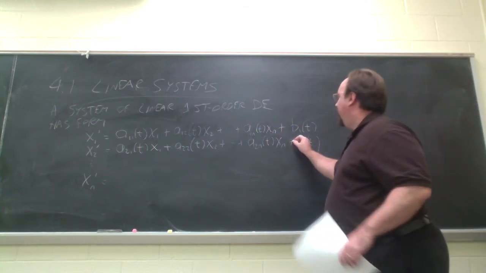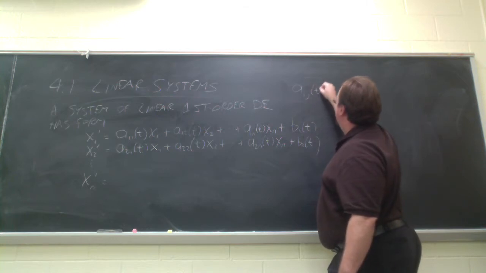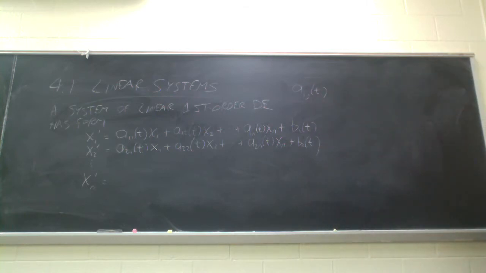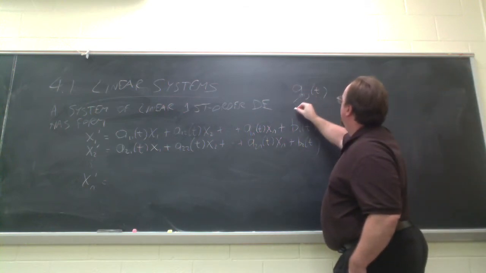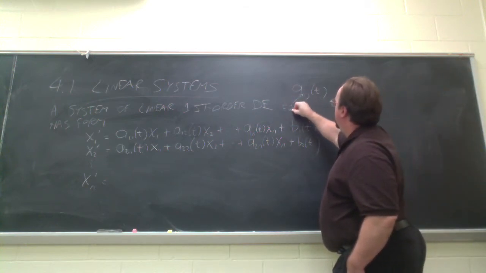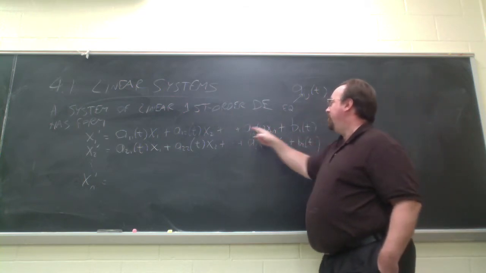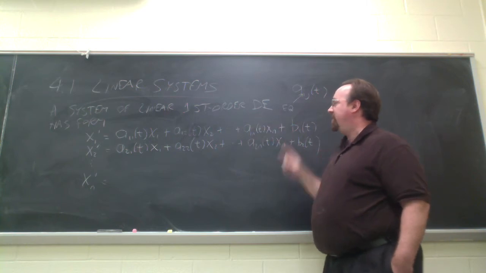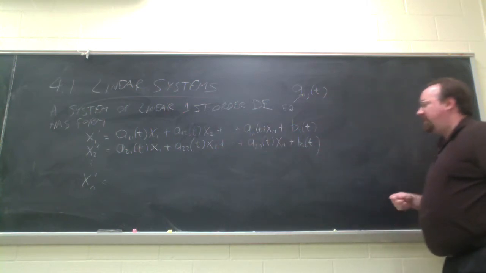Now, if you look at the coefficient functions, notice they all have two indices, i and j. So the first index, the i, always refers to the equation. So notice we have a11, a12, up to a1n for the first equation. We have a21, a22, up to a2n for the second equation, and so on.